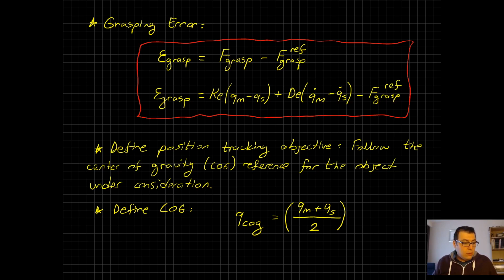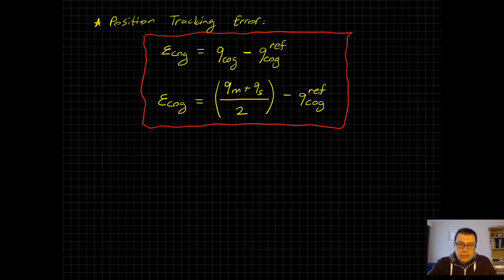If you recall, we stopped after the definition of the errors to be traced. We had two objectives. First one is the grasping error that should be taken to zero. That's responsible from the force control side of the problem. And second one was the center of gravity.